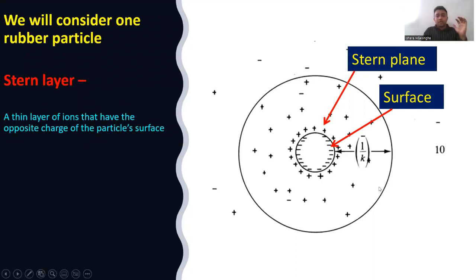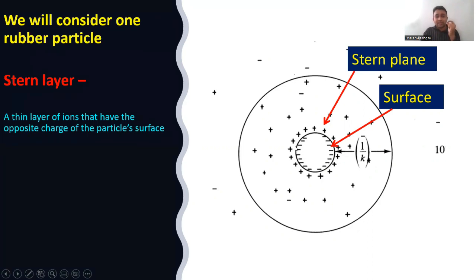So this rubber particle can attract positive charges and negative charges. If positive charges are there, it can attract these negative charges. If negative charges are there, it can attract these positive charges.